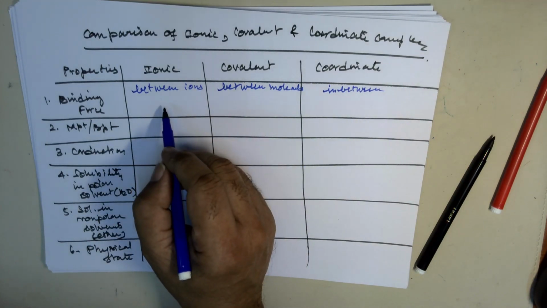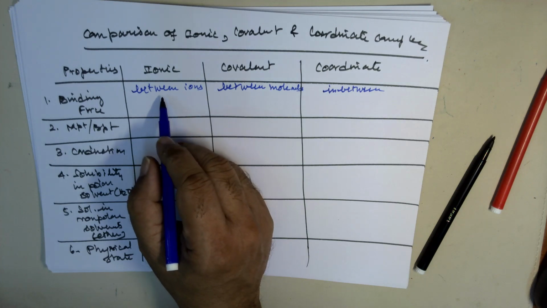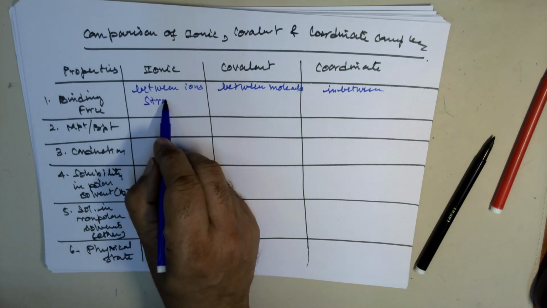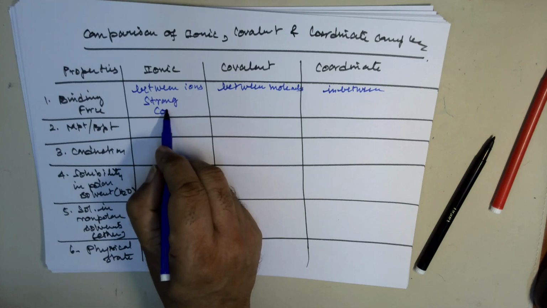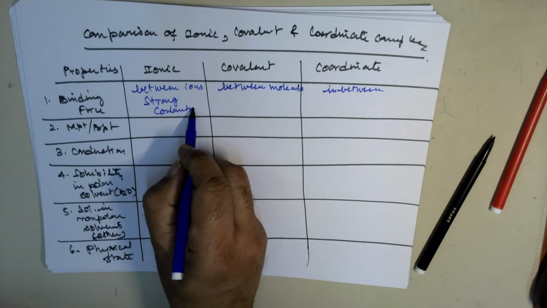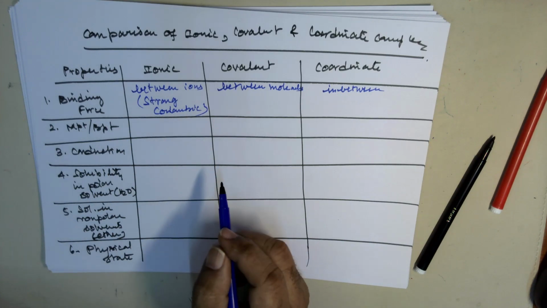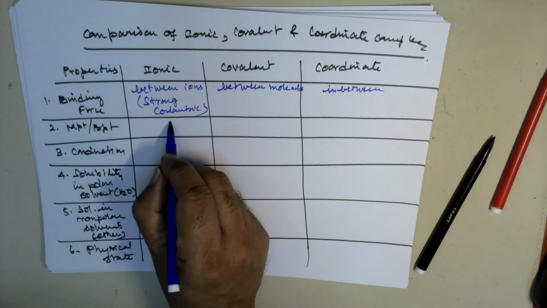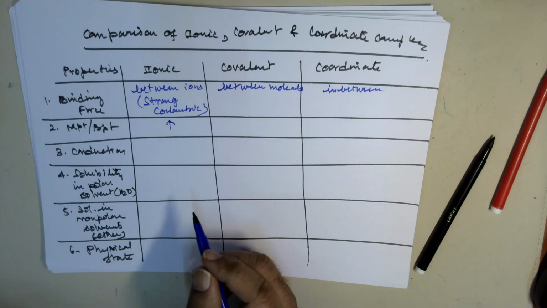For example, in this case, strong Coulombic force will be there, right? So strong Coulombic force of attraction. So immediately you can anticipate high melting point and boiling point.